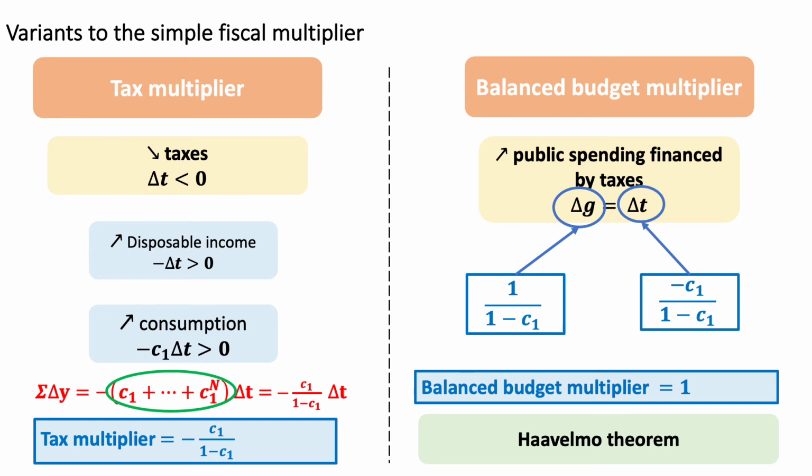This means that production and income increase, in this case in the same proportion as public spending, without creating new deficits.